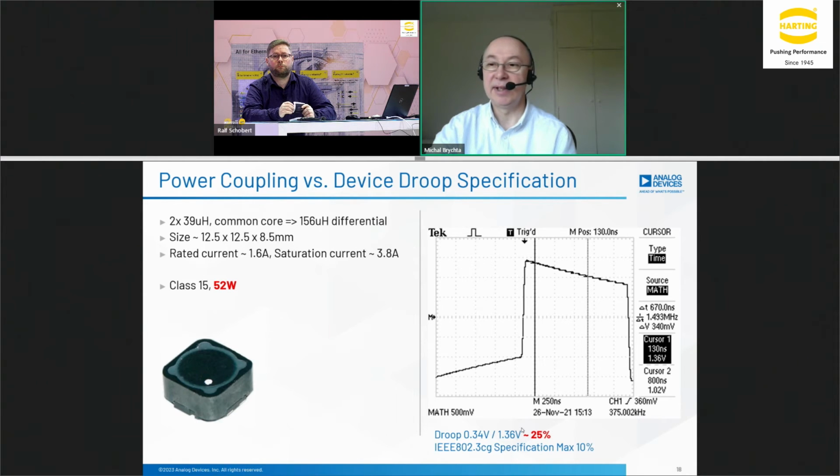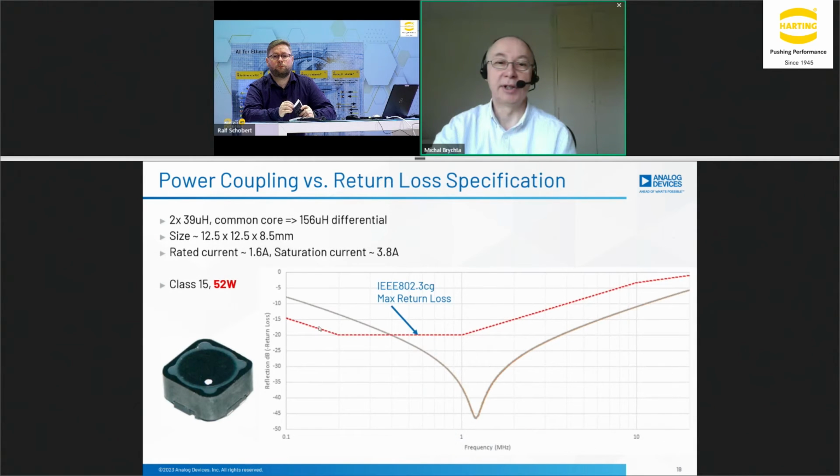So that's violating the original IEEE specification. And the same if we look at the return loss specification, that inductor at low frequency would violate it. So there is a trade-off between the inductance, which is related to the physical size of the inductor, how much space it takes in the application, and the power it can deliver.